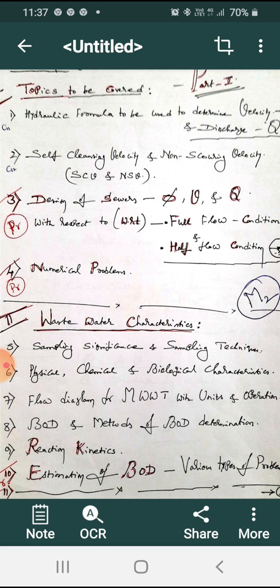Now we want to remove organic matter. This organic matter, another name is BOD. Today we are going to discuss what BOD is and all. Now this is totally different. Here onwards, be careful.